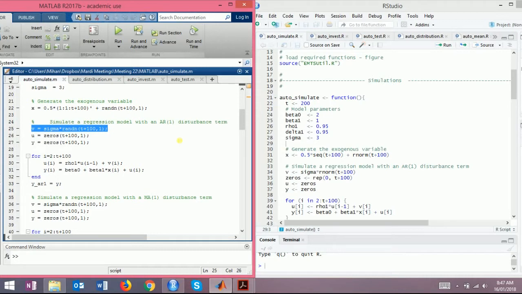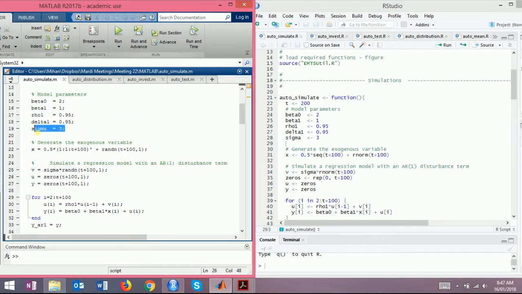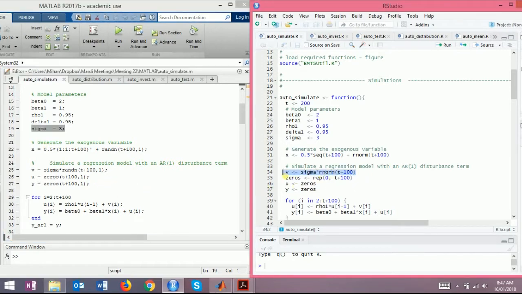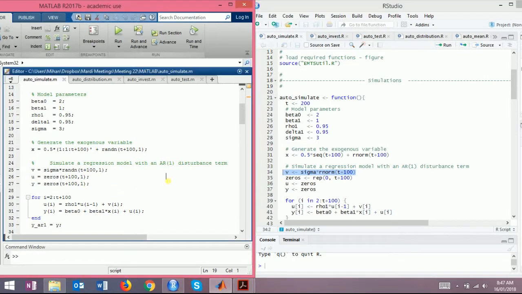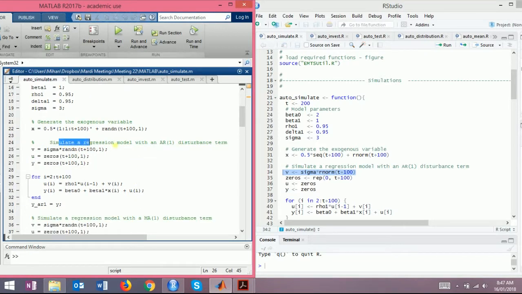From v we will generate ut. Sigma, which is given to us, times random numbers, t plus 100 rows 1 column, sigma rnorm t plus 100. Then we are going to simulate a regression model with the loop function.